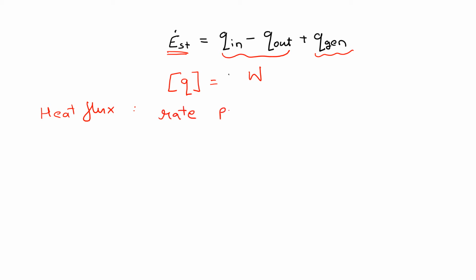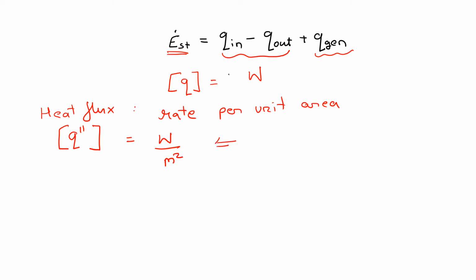So rate per unit area, and the notation for heat flux will be Q double prime, and the units for heat flux, because it is per unit area, will be watt per meter square.